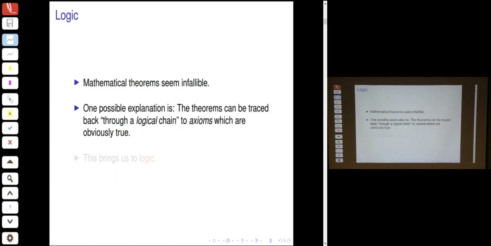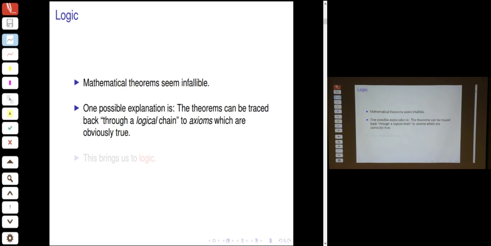It's because the starting point is true, and when you follow the proof steps, the truth is preserved. So in the end, it's still true. Right? So this is one possible explanation.